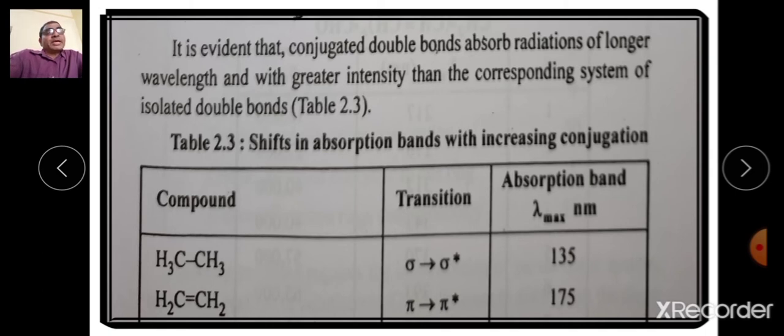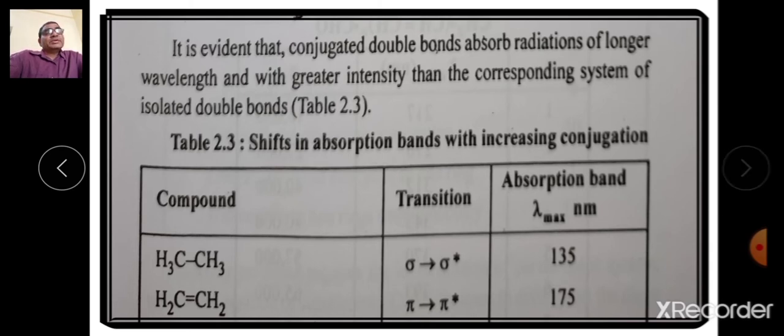The absorption band is lambda max at 135. If there is only one pi bond, that is a double bond, then there is a transition of pi bonding to pi antibonding electrons, but the absorption is again at 175 lambda max value.